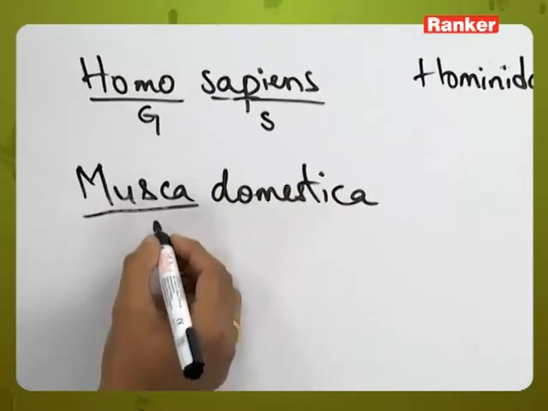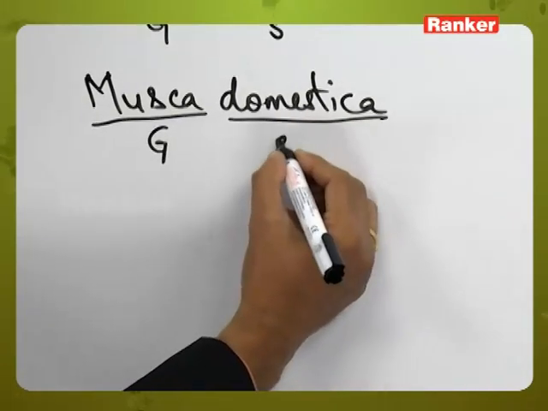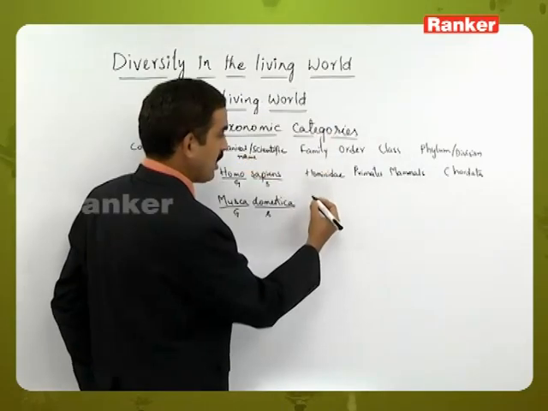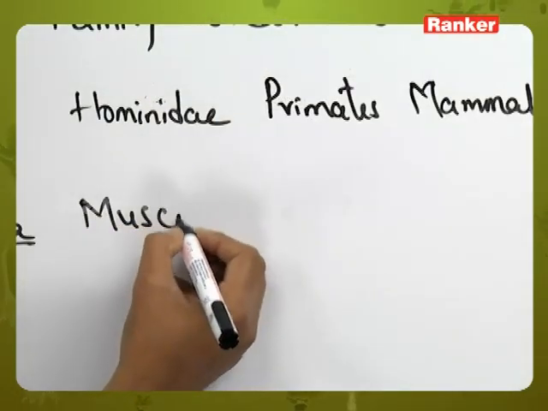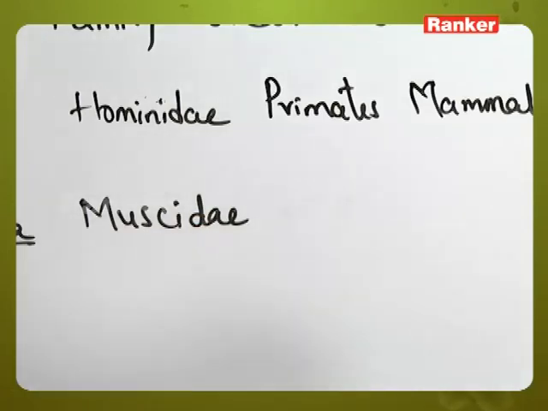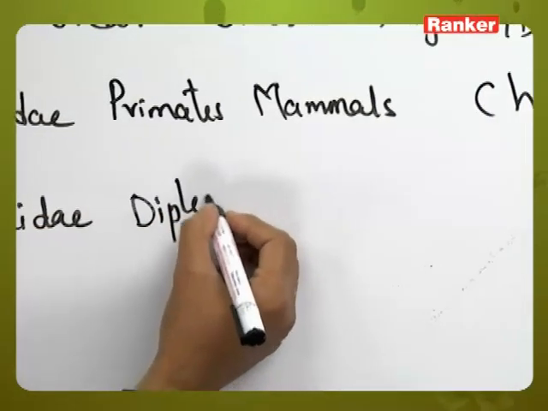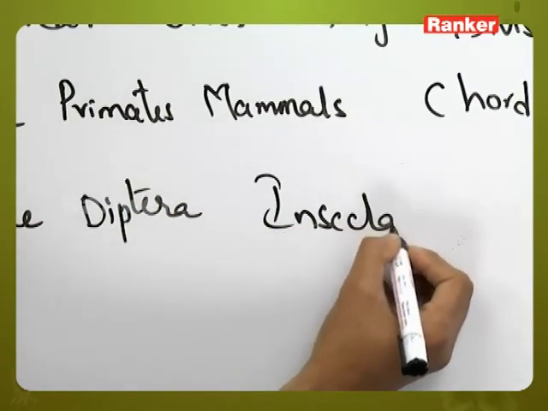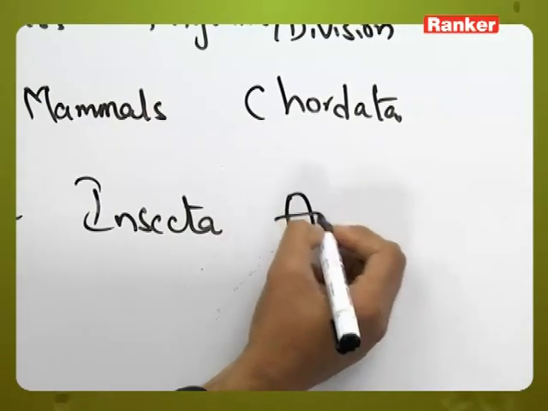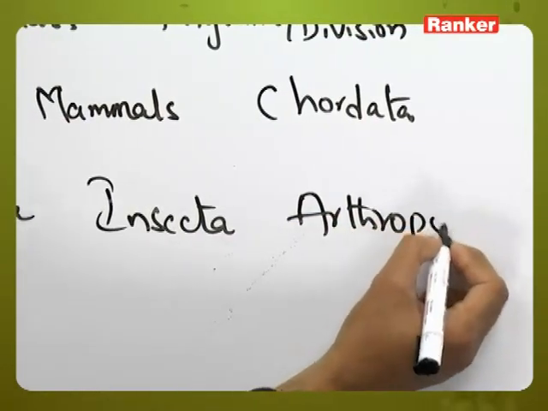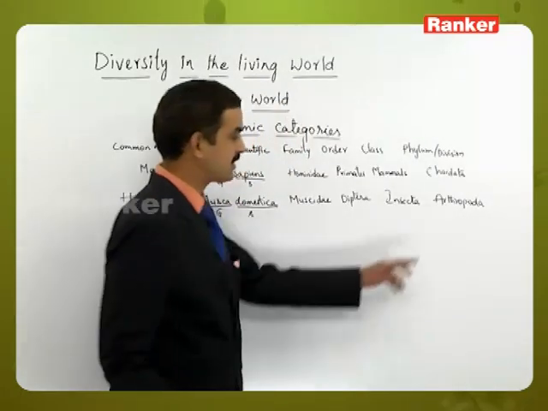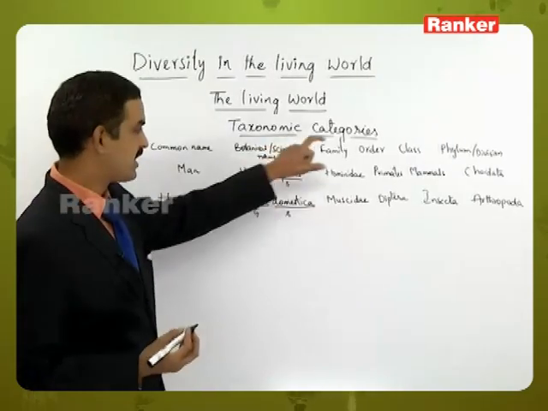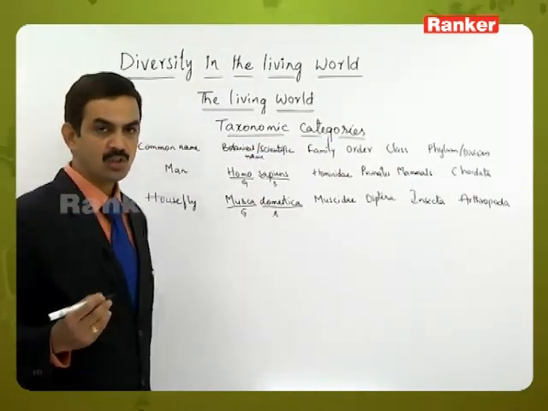In this, Musca is the genus, whereas domestica is the species, and it belongs to the family Muscidae, order Diptera, class Insecta, and phylum Arthropoda. The jointed-leg containing organisms have been kept under Arthropoda. Likewise, these are the two examples of animals. One is taken from the Chordata group and the other is taken from the non-Chordata group.